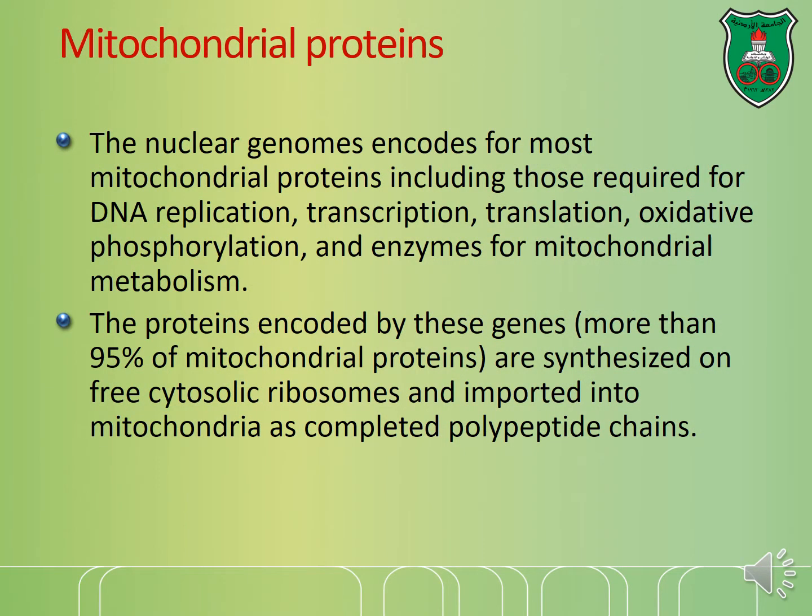Most of the mitochondrial proteins are encoded by the nuclear genome. Few proteins are encoded by the mitochondrial genome. You can connect this to genetic diseases: most mitochondrial diseases are caused by mutations in the mitochondrial genome.